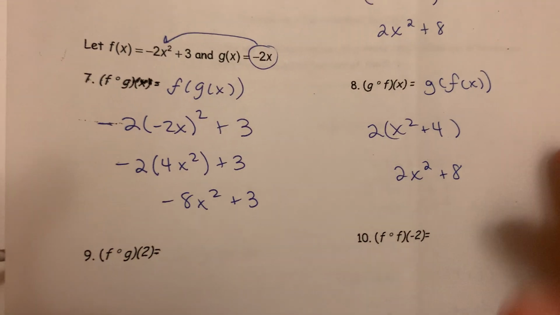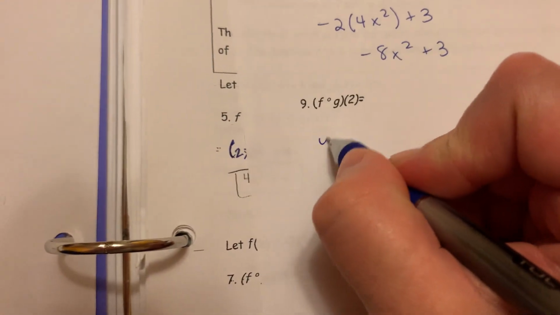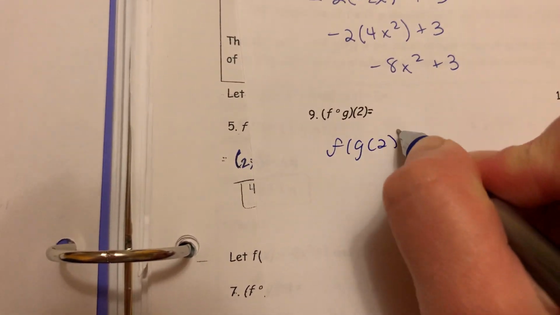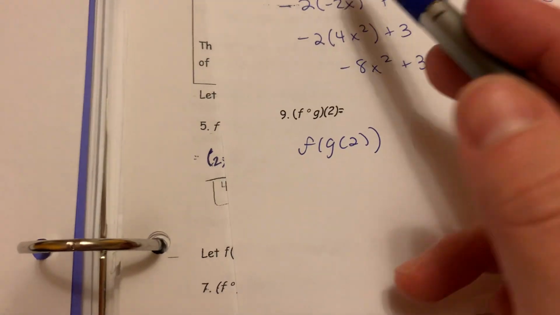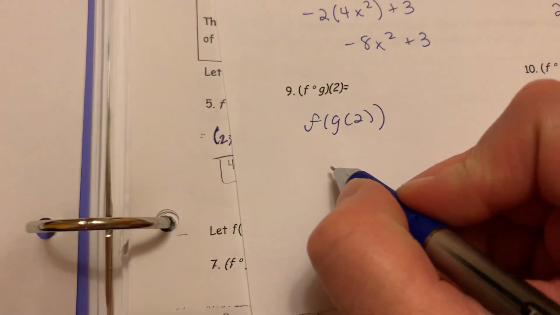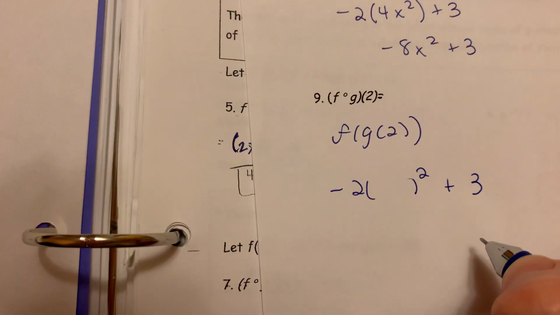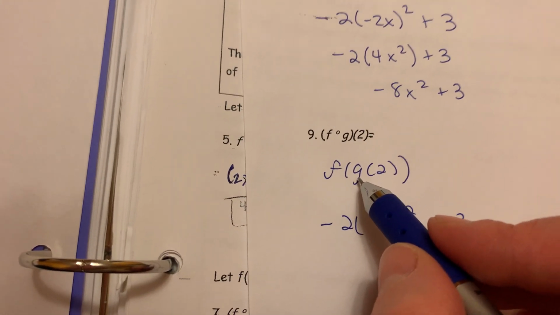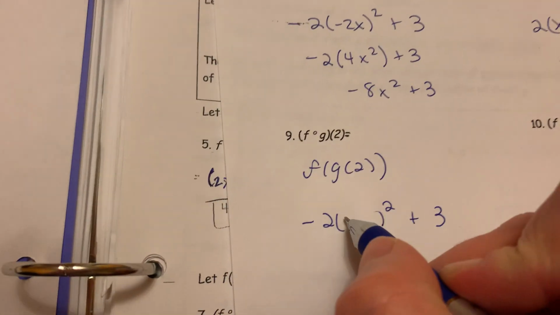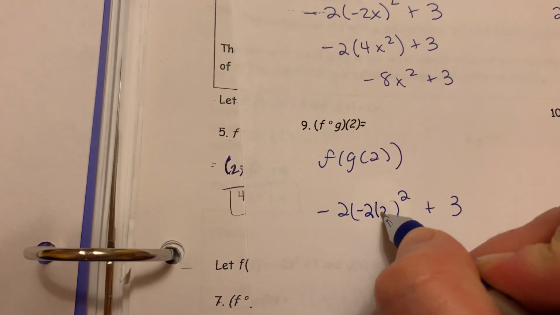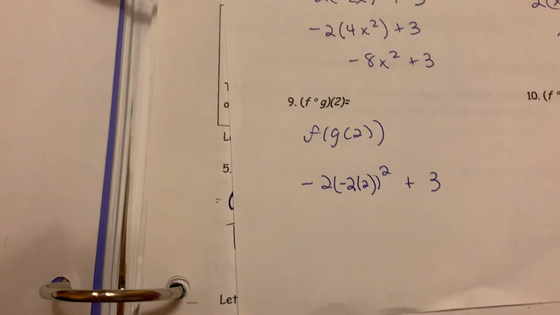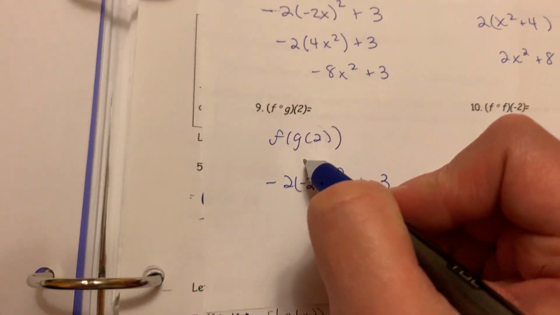The end. Okay, and the last one, we're actually substituting numbers. Now we could do this how we did before and put f as your outermost function and do negative 2x squared plus 3, and then put g in your function next, saying that's negative 2x, but we know x is now going to be 2, and substitute that way. Or we could say, okay, 2 is going to go into g. Think about it logically.